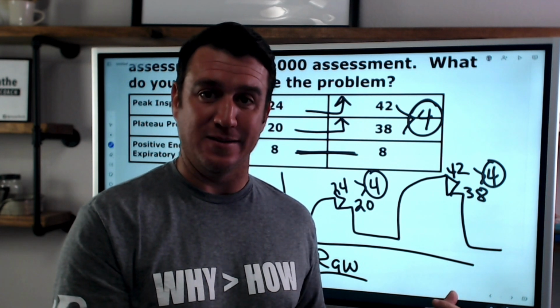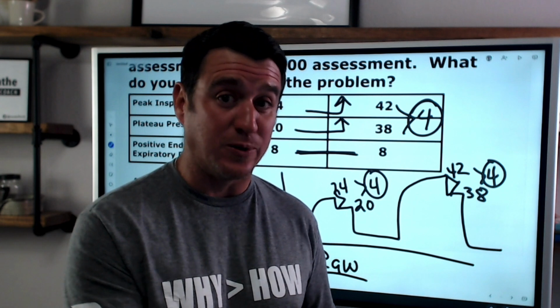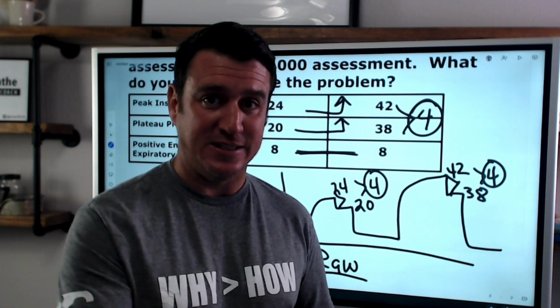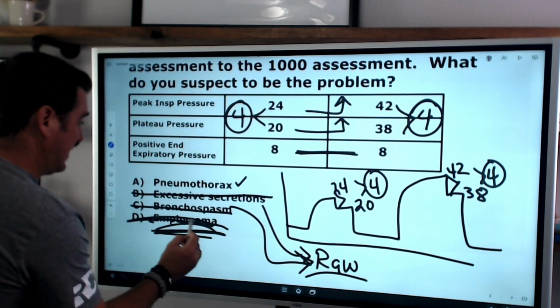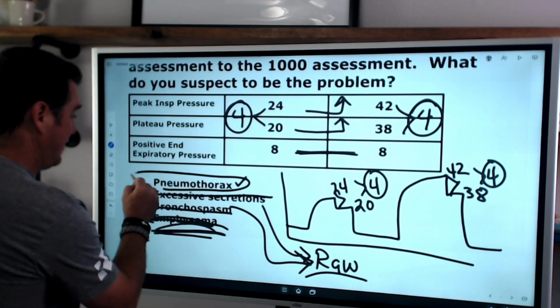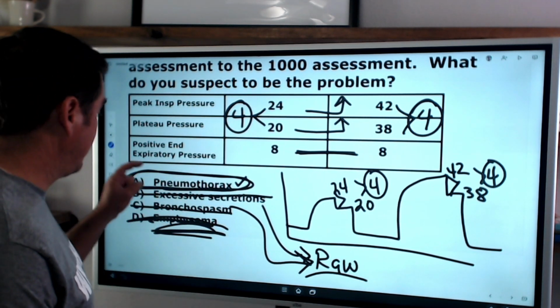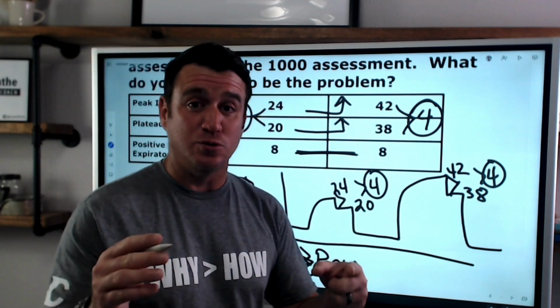That's not what's happening here. We don't have an increased compliance. We have a decreasing compliance. That's not emphysema. We don't have an airway resistance problem. So it's not emphysema, and the answer here is that we have a sudden change in our parenchymal compliance. Pneumothorax is the best answer, and that is what is going on.